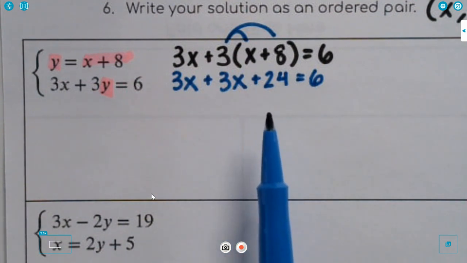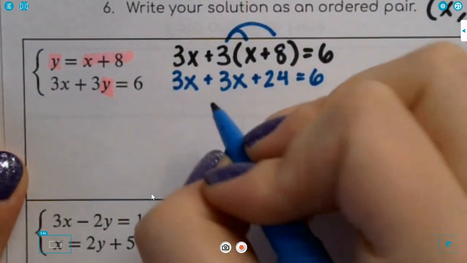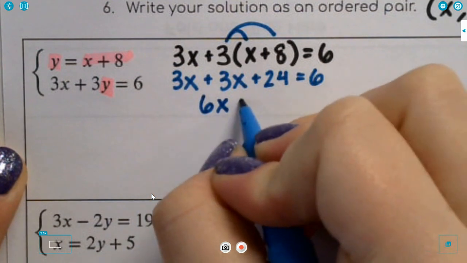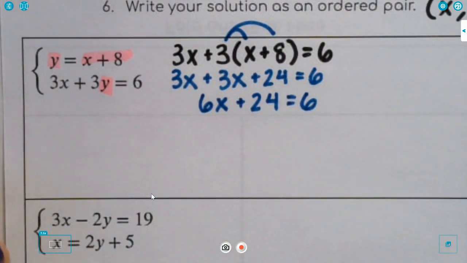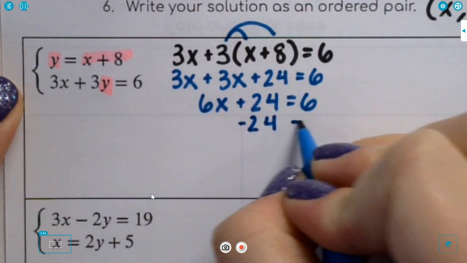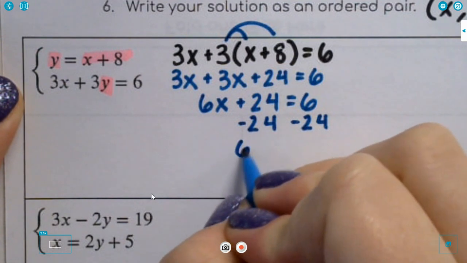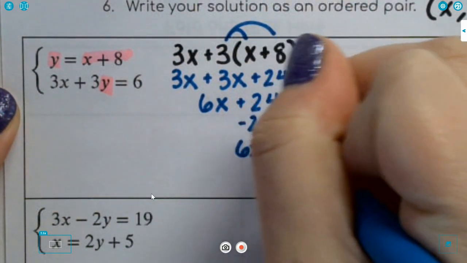So I've distributed now. Now I can combine like terms. So 3x plus 3x is 6x plus 24 equals 6. And it's just a couple more steps to solve. I'll subtract 24 from both sides. I'll get 6x equals 6 minus 24, which is negative 18.